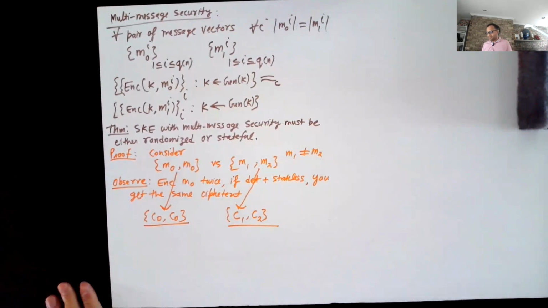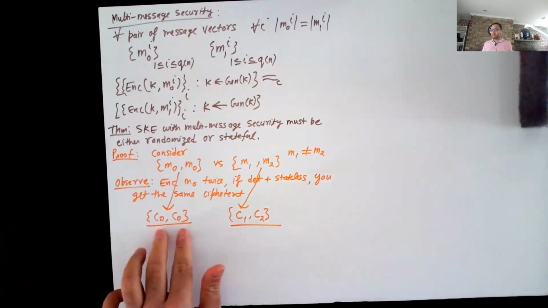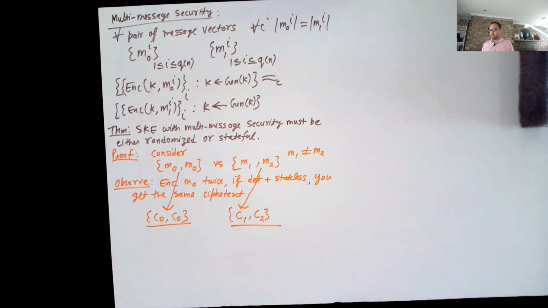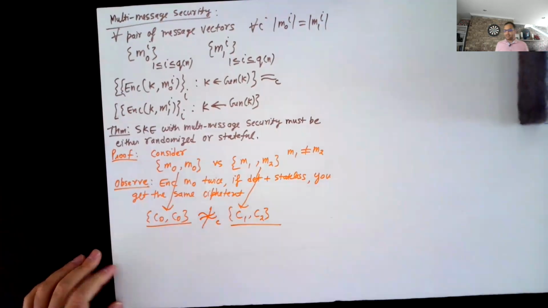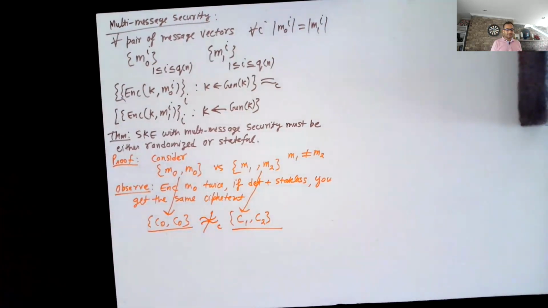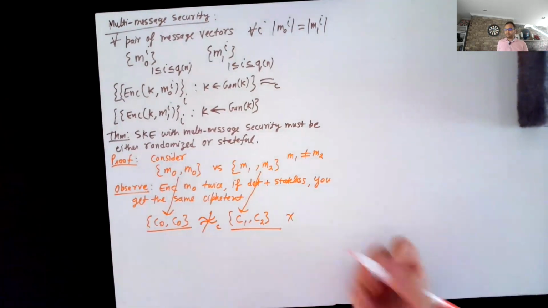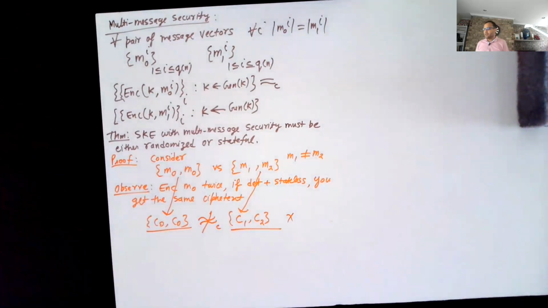Of course you can, just by comparing if the two strings are the same or different. Right? So this is not by any means computationally indistinguishable. Okay, so such type of schemes cannot satisfy multi-message security.